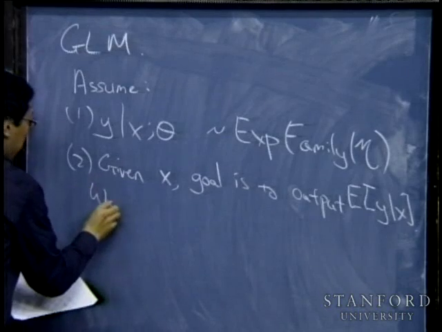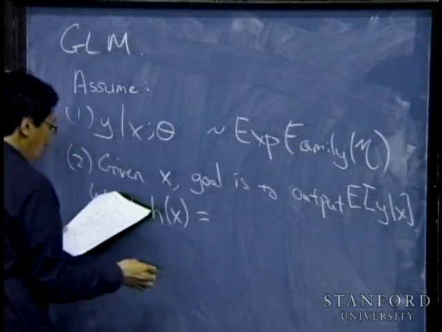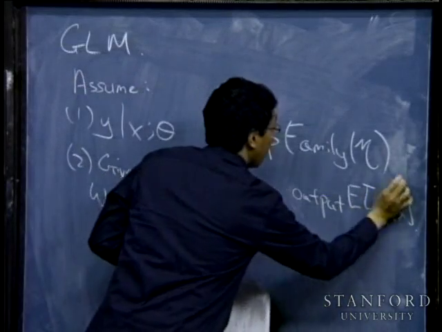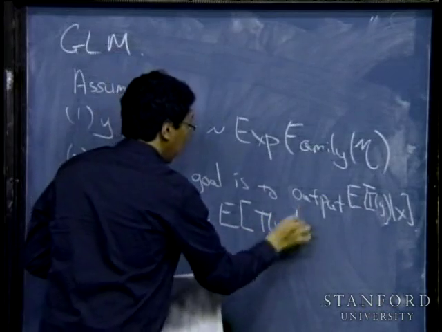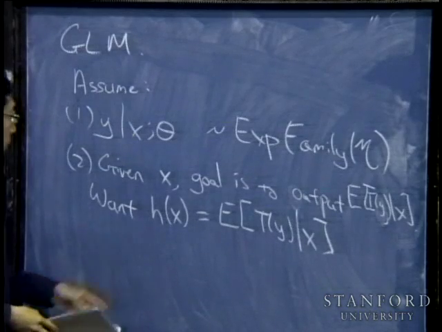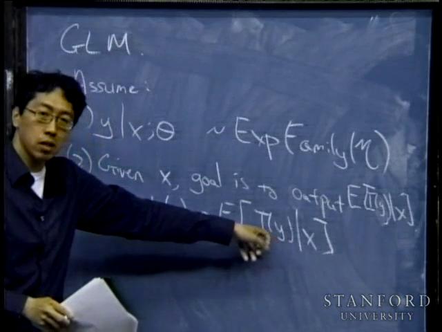So in other words, I'm saying that I want h of x to be equal to, oh, excuse me, I actually meant to write t of y here. My goal is to get my learning algorithm's hypothesis to output the expected value of t of y given x.